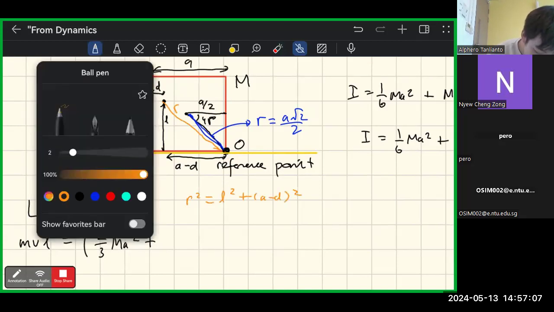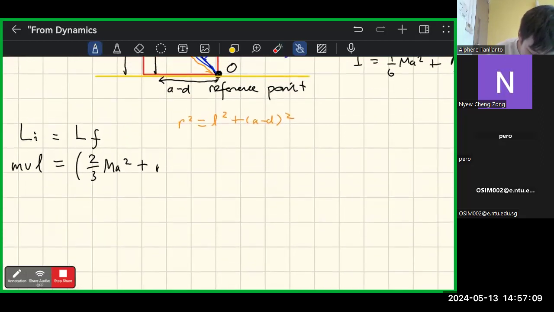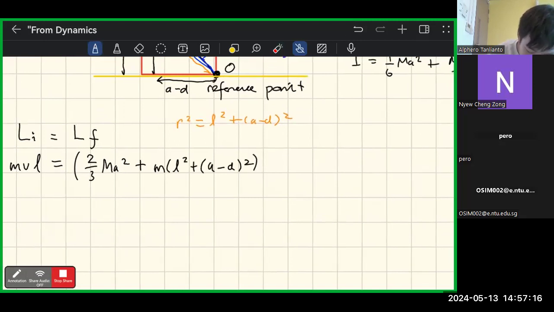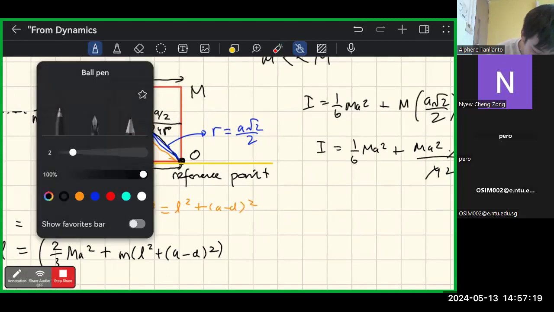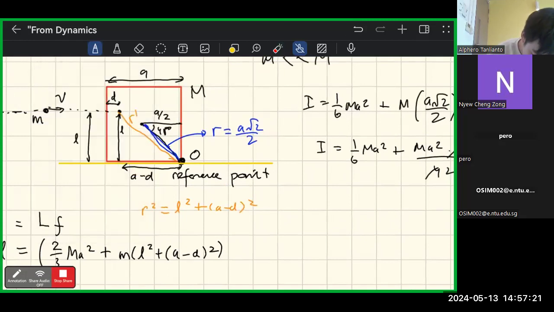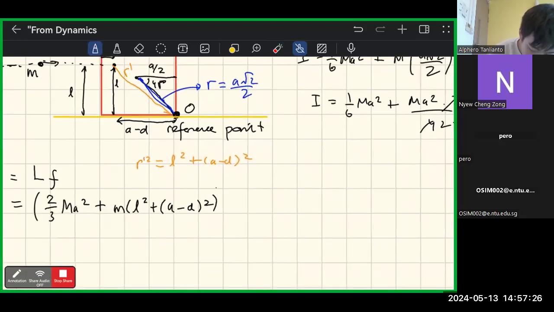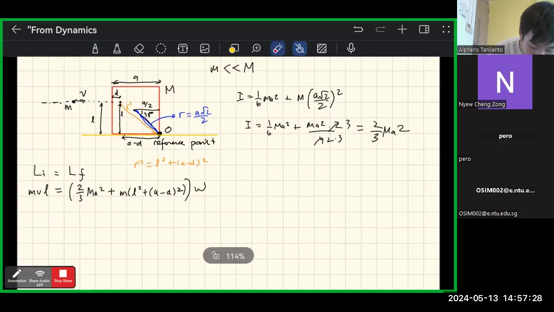So it's m times r squared, which is L squared added by a minus d squared. Oh, we used r for this, we just change this into r prime. Same thing. Times omega. Why? Because the embedded bullet and the block are now moving with the same angular velocity.